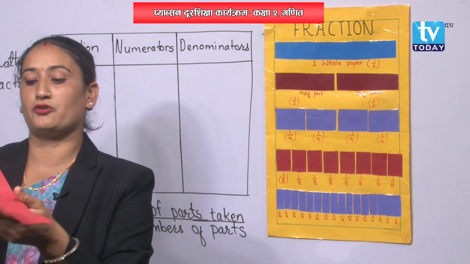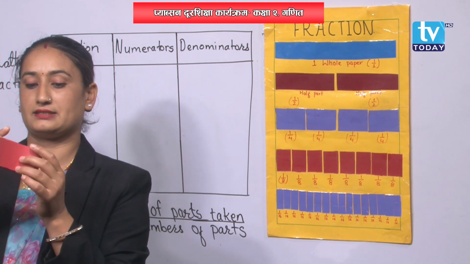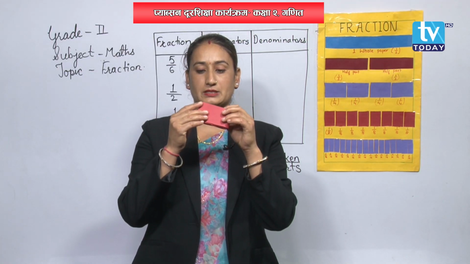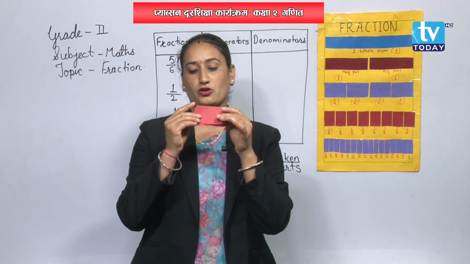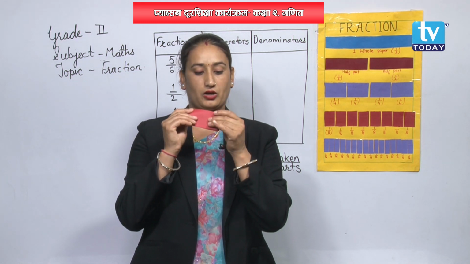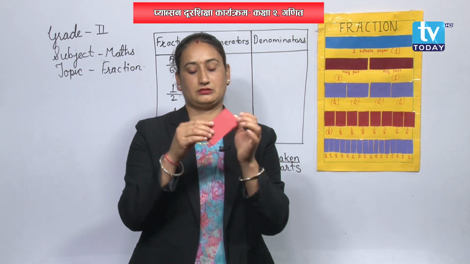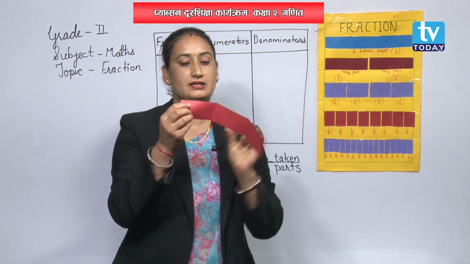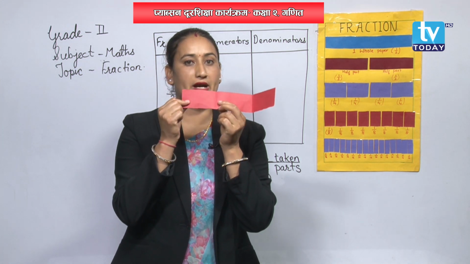If you fold the paper this way, equally into 3 parts, see, if I fold this paper equally into 3 parts, you can also fold it equally. Now see here students, this much is one part, right?